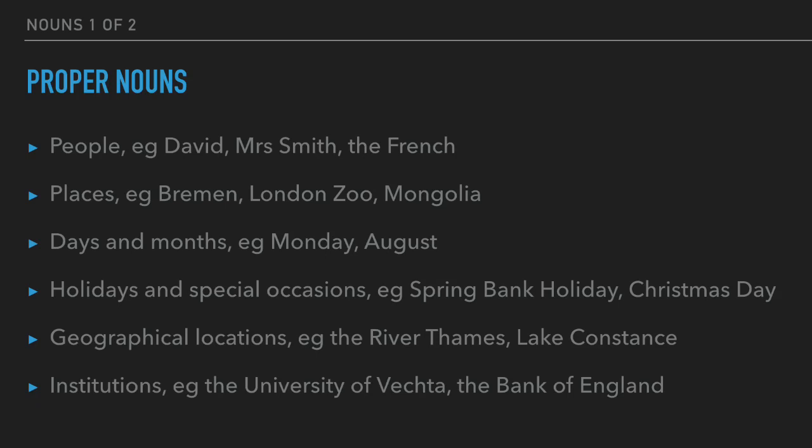Lake Constance, so the Bodensee, capital L and capital C. But I don't know, this boat is going to go across the lake in 2 minutes, small l. And we capitalise the names of institutions, so the University of Fechter, the Bank of England. Spring Bank Holiday is the first Monday of May, I meant, and not the first Monday of spring.